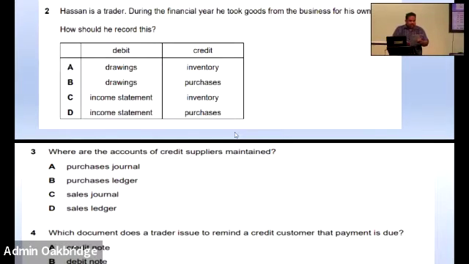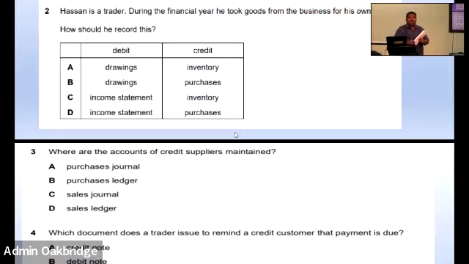Where are the accounts of credit suppliers maintained? How many ledgers are there? Those who are watching, you can also answer. Guys, 4?